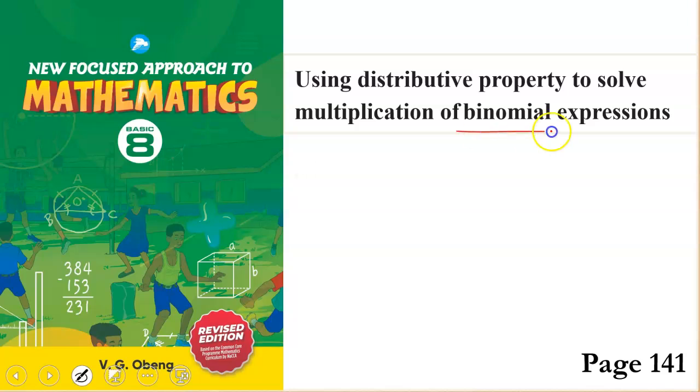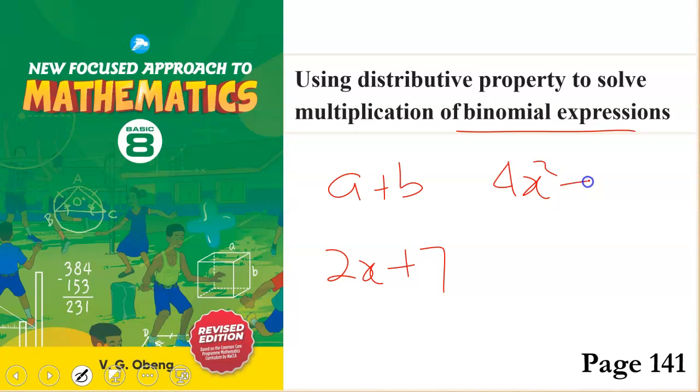Now, when we talk of binomial expressions, from our previous lessons in Basic 7, we saw that any expression that is separated by either plus or minus is called a binomial expression. For example, a plus b is a binomial. 2x plus 7 is a binomial. 4x squared minus y is a binomial.